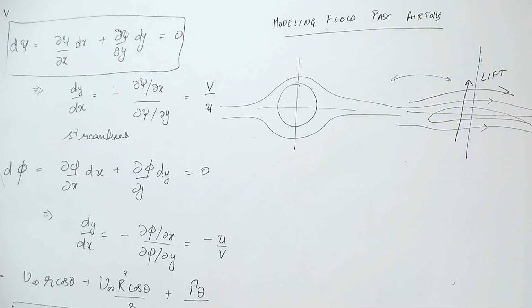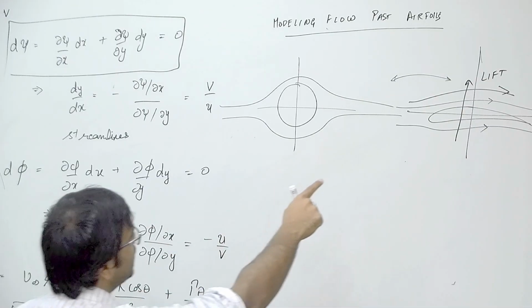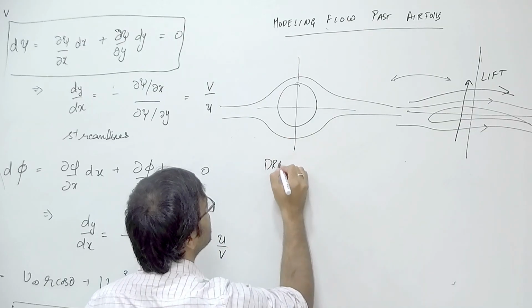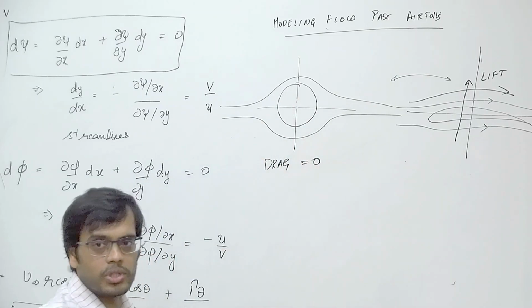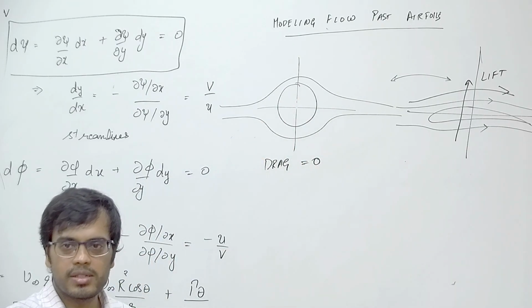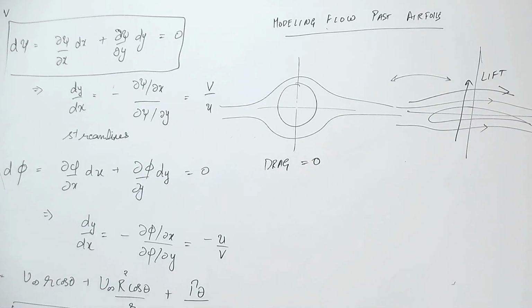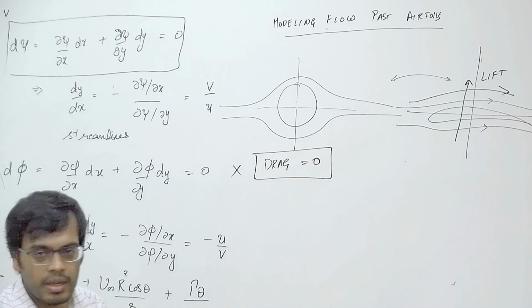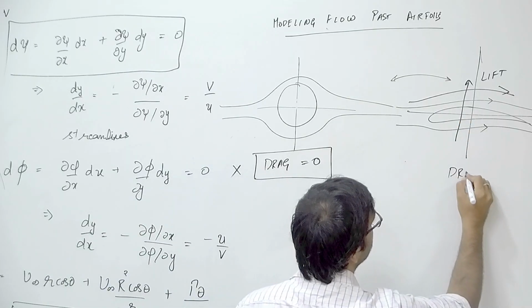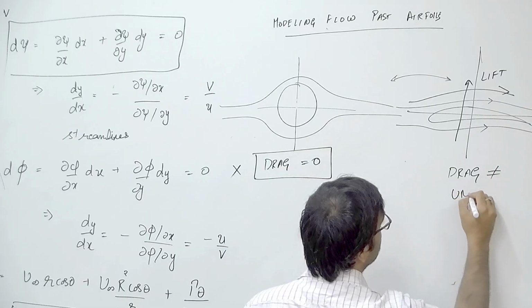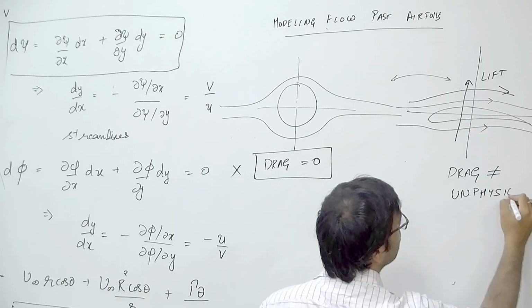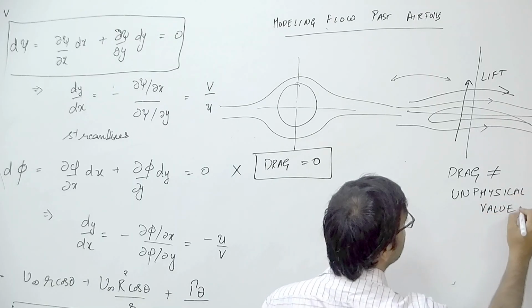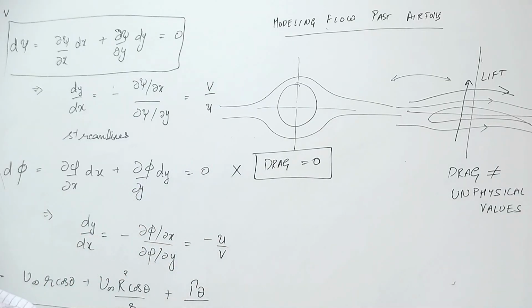What is missing in your ideal flow analysis is the drag. The drag on a sphere or a cylinder is actually 0 here. Drag force on a cylinder, if you have ideal flow analysis, is 0. But we all know that if you have a cylinder in a flow, it will experience some drag. Okay, so ideal flows actually give a terrible approximation of drag. So for the drag on an airfoil, you will get some very unphysical values, or let's say incomplete values, or very small drag from ideal flow analysis, but in reality your drag will be large because of viscous effects.